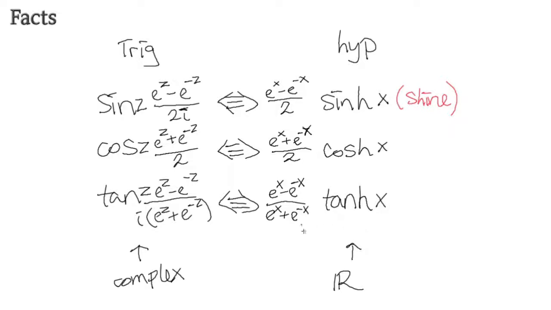Another thing that you need to know, which is required knowledge, is that similar to the trig functions, we have identities to remember, which is cosh squared x take sinh squared x is always equal to 1.